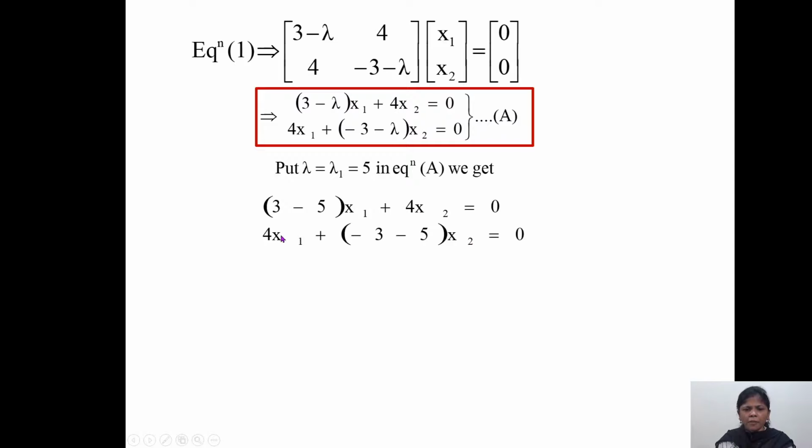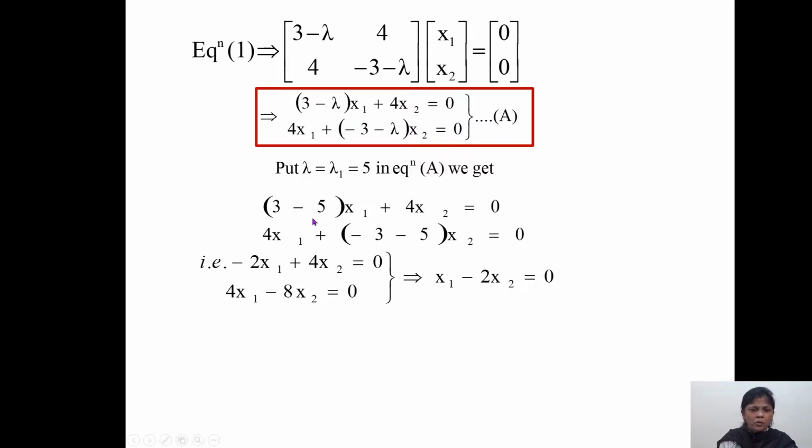Now after substituting the value of lambda, just verify whether the equations so obtained are distinct or similar, or in equivalent forms. Here we find that the equations are nothing but equivalent to this equation, that is x1 minus 2x2 equal to 0. Dividing the first equation by minus 2, you will get this equation, and again dividing the second equation, the same.